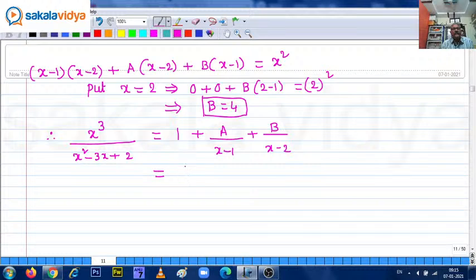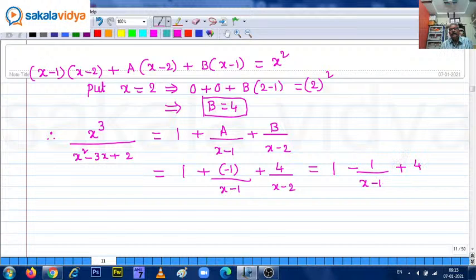So we get 1 plus minus 1 upon x minus 1 plus, b equals to 4, 4 upon x minus 2. Therefore the partial fractions: 1 minus 1 upon x minus 1 plus 4 upon x minus 2. So this is the answer. Yes, Tarun Teja, absolutely correct.